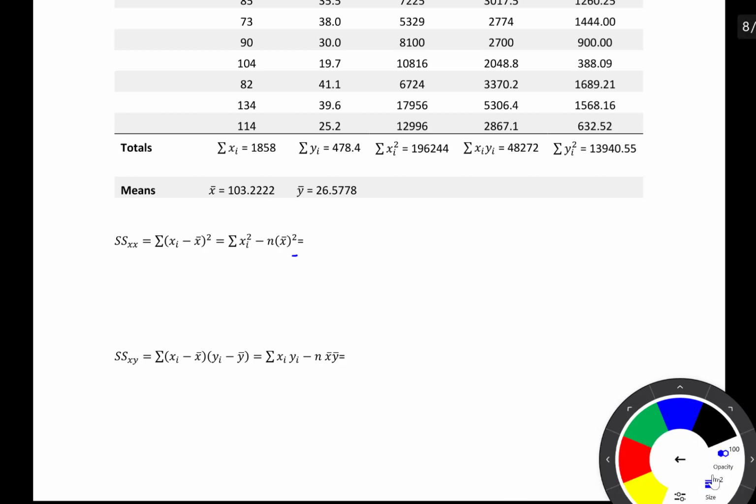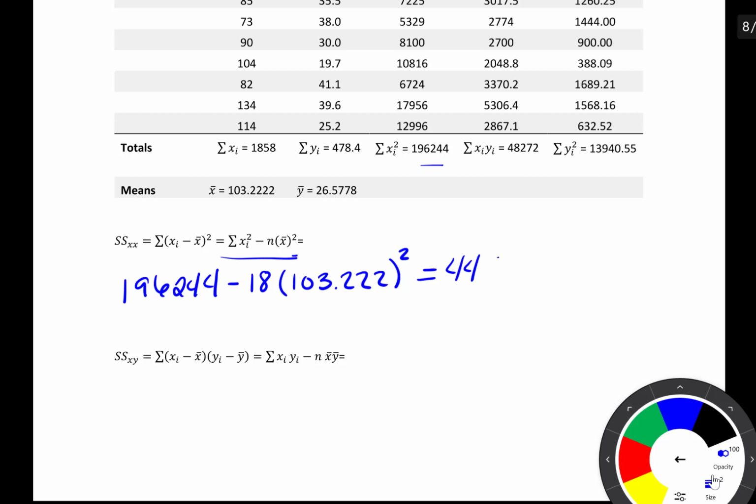So looking here at our first formula, notice the first term we need is the sum of the x_i squared, and that's given to us right here. n is going to be our sample size, and we have a sample size of 18 in this case, multiplied by the mean of the x's squared. And then if we put that in our calculator, now I am going to round this to 4 decimal places, so for that reason we might get a little bit of round off error, and so keep that in mind when we look at the software output later on.